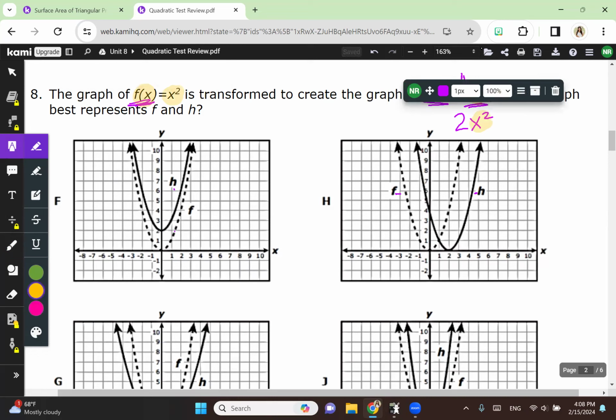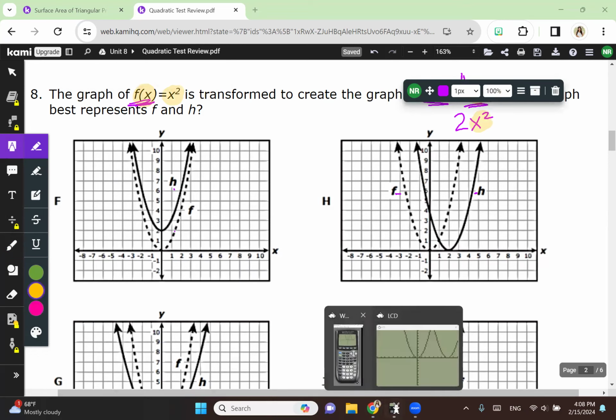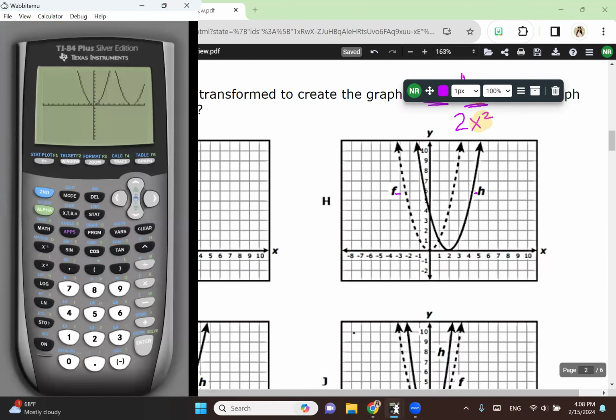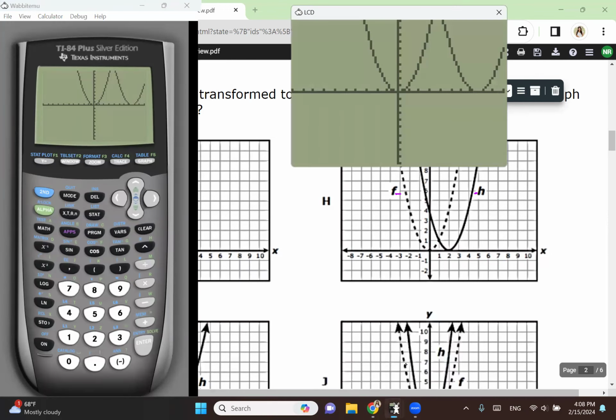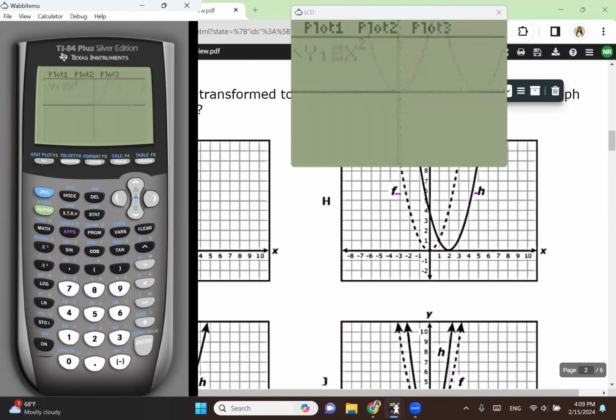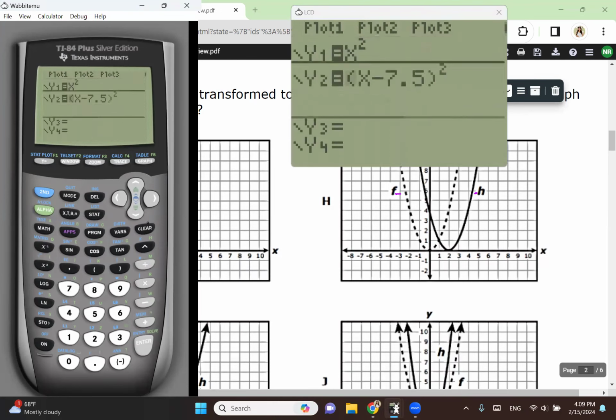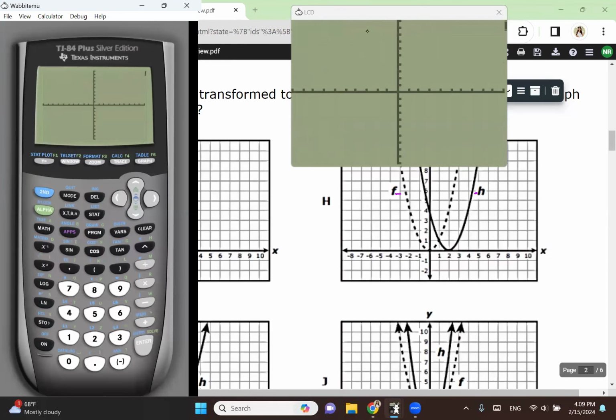Because f of x is equal to x squared, you can switch out f of x to x squared. Now, if you look at it over here in your calculator, see if I can pull up the big screen. There we go. We said it was 2x squared. Notice the change that happens. There's your parent function.